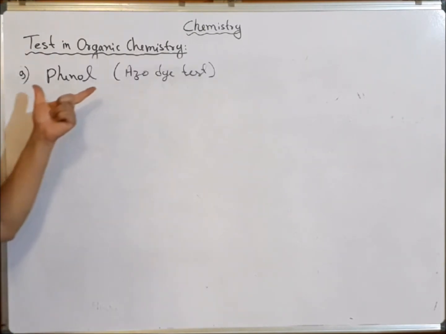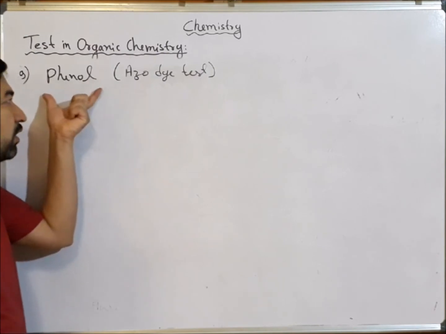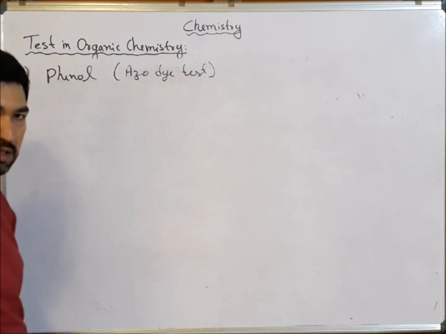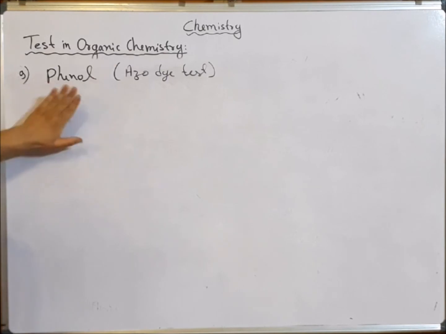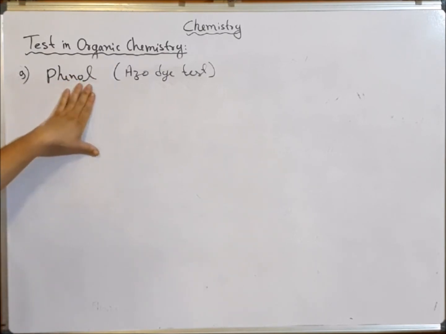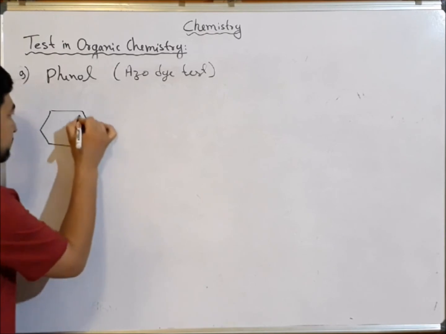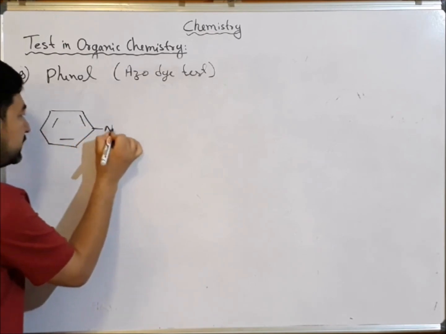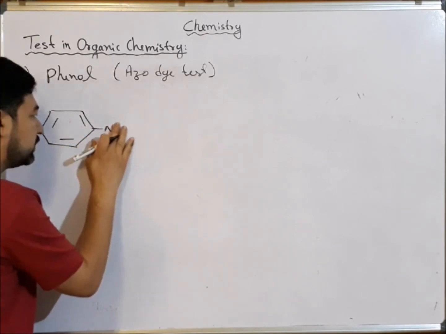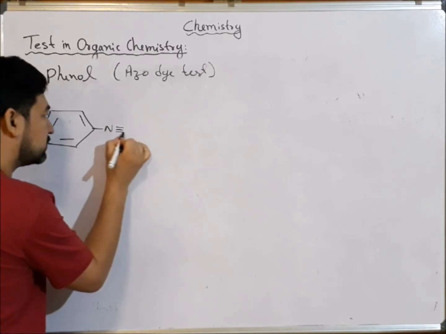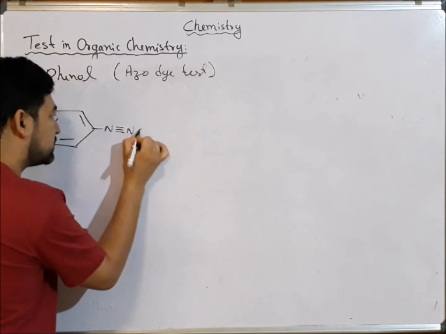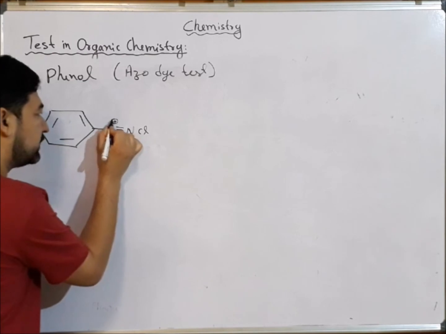Next is the test for phenol. To detect phenol, we can use the azo dye test. In this test, we react phenol with benzene diazonium salt. The reaction is like this. We need a benzene diazonium salt, so it's N2Cl, with a plus and a minus.